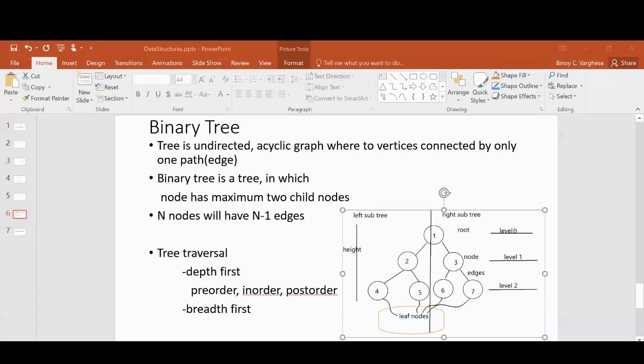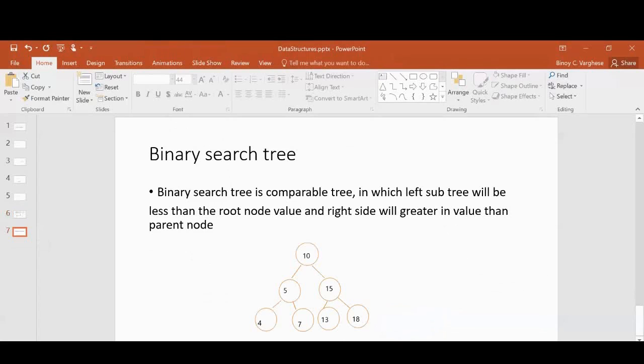The next tree is the binary search tree. So what is a binary search tree? A binary search tree is a comparative tree in which the left subtree's values are always less than the value of its parent. Similarly, on the right hand side, all the nodes are greater than its parent value. What it means is that 10 here is the root node, and 10's left nodes are 5, 4, 7.